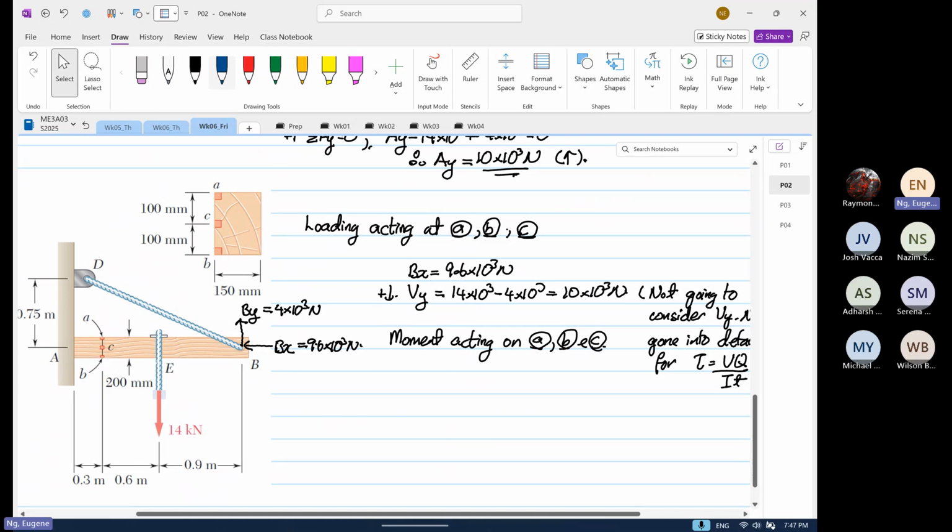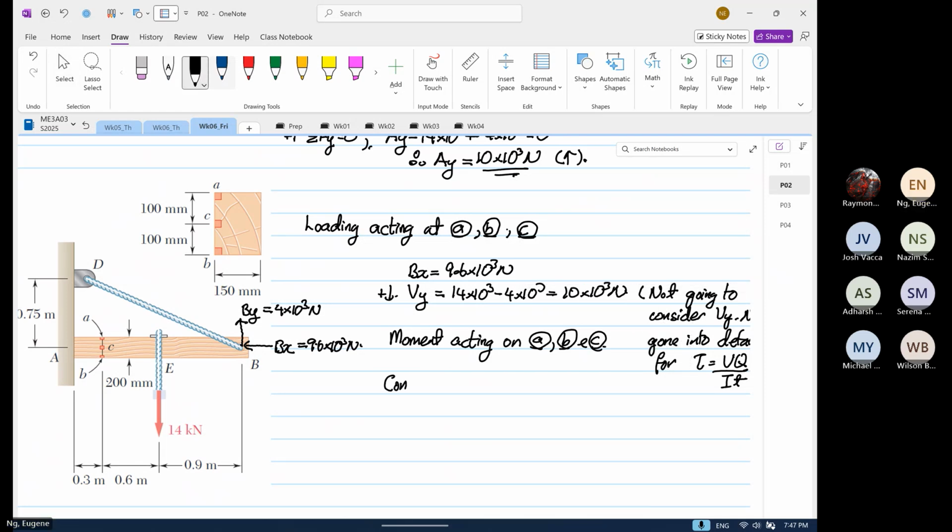So we have to consider only the right hand side of A, B, and C. We are going to concentrate on the right hand side.